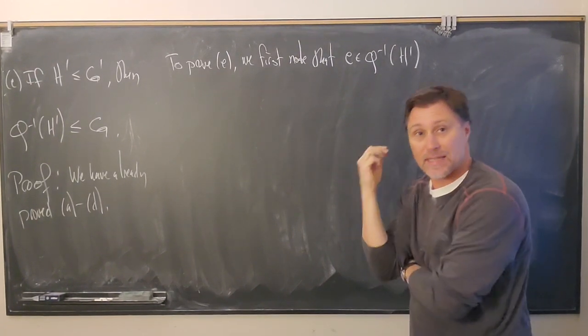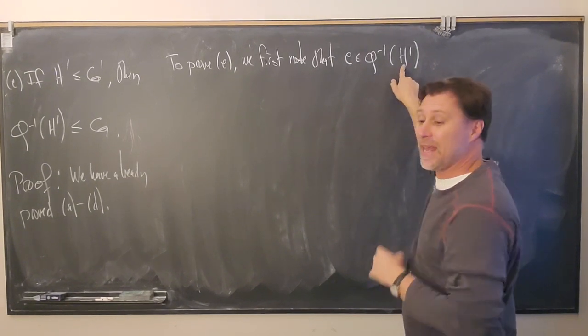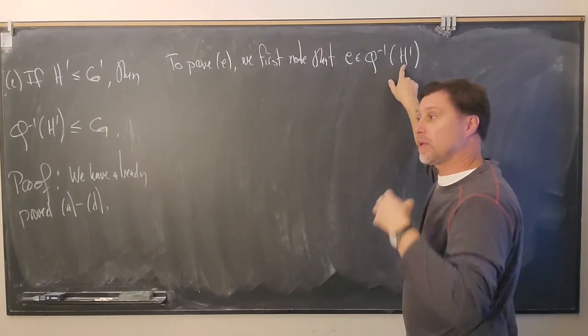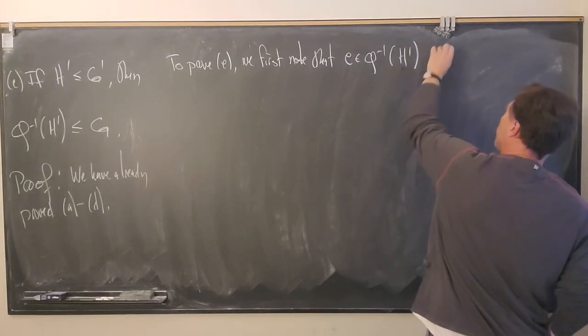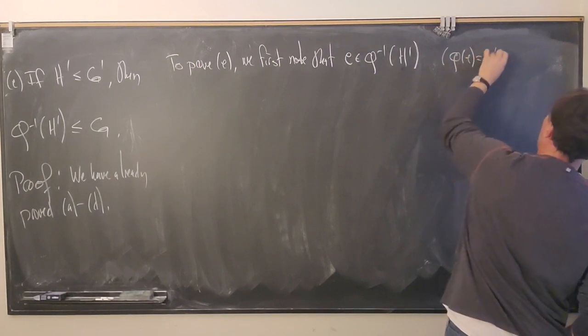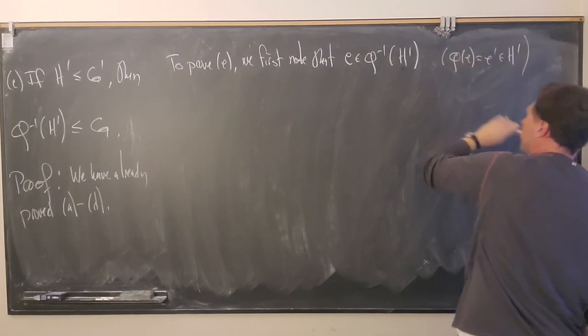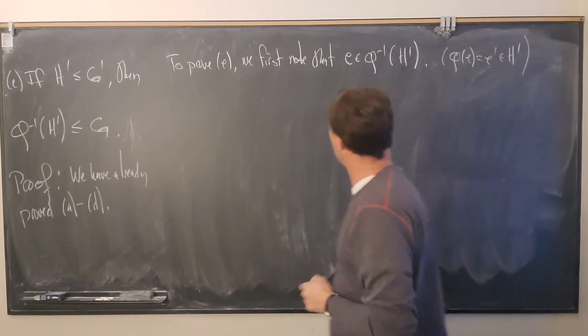E prime is the identity in capital G prime, which must live in H prime, because H prime is a group, or a subgroup if you like. So phi of e equals e prime, which is an element of H prime. That tells us that it's non-empty.